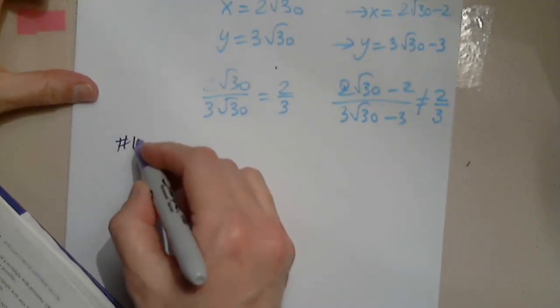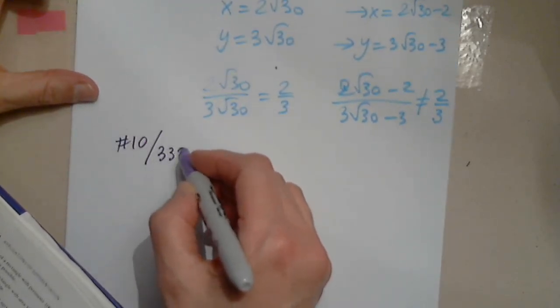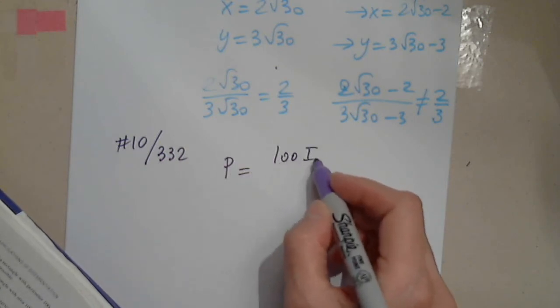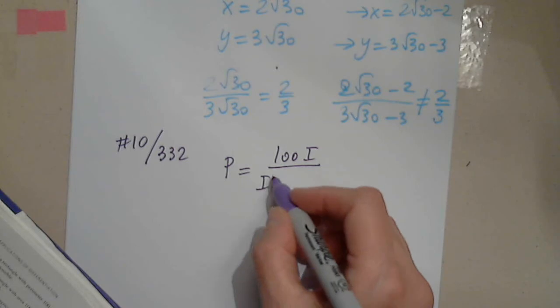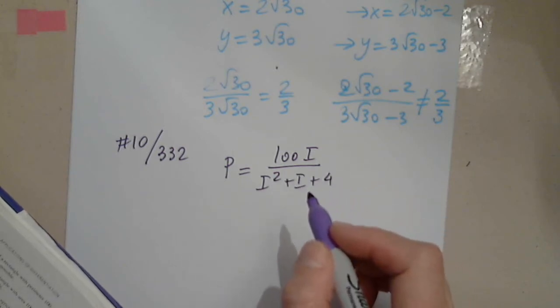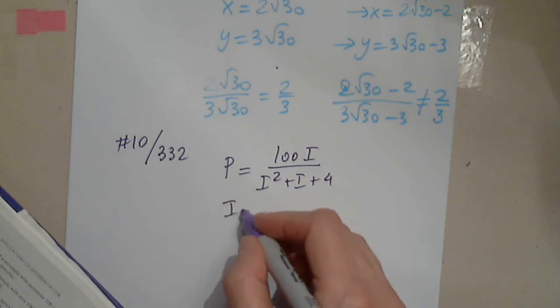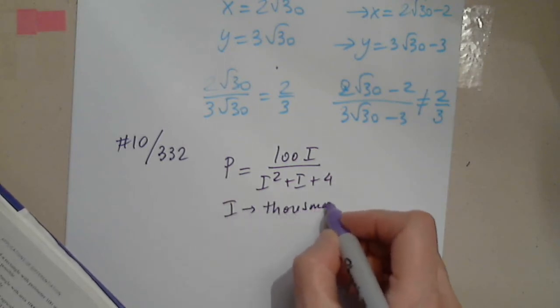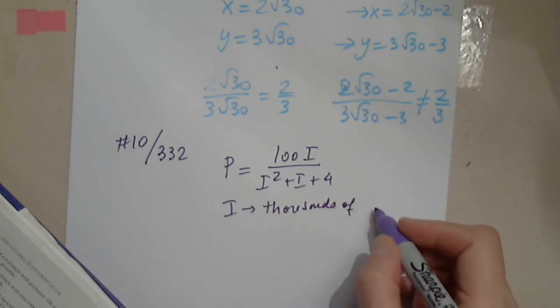So this is problem 10 on page 332, and this is P equals 100I divided by I squared plus I plus 4. I is the light intensity, so I is measured in thousands of foot candles.